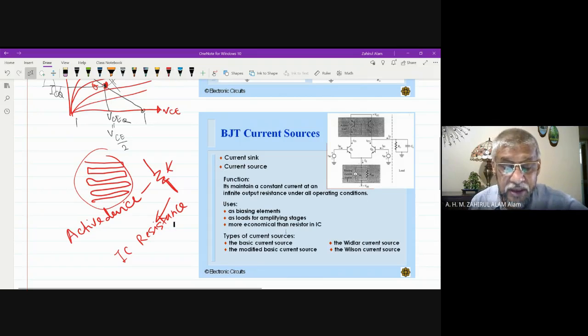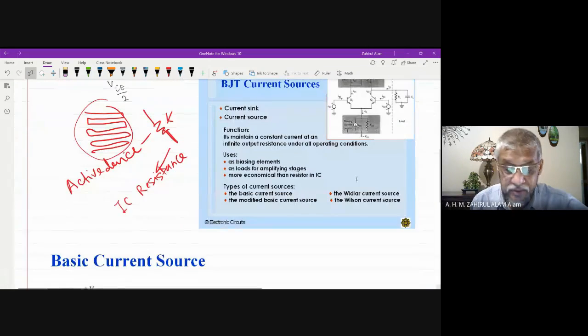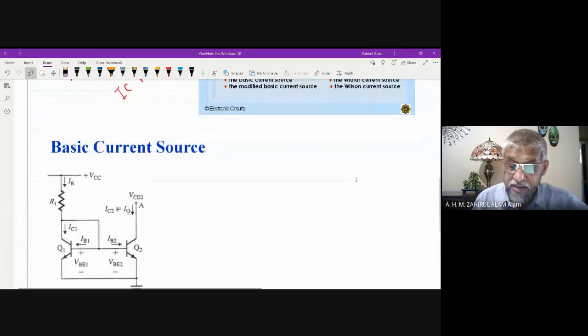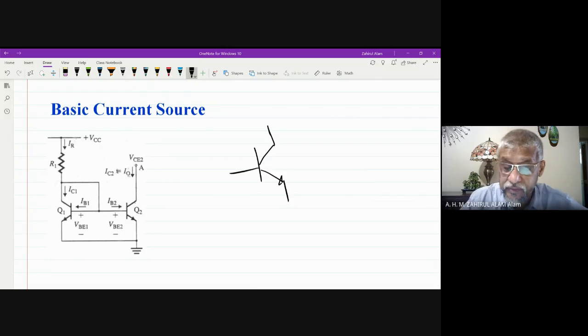Now, how to convert this resistance? This is base to emitter, one transistor.